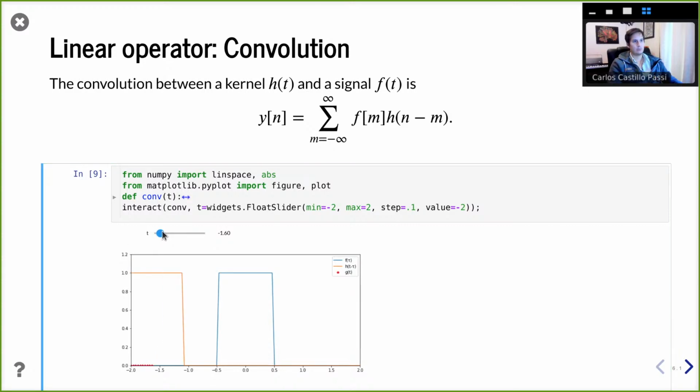So if you move this h and get the result of the convolution in each point, here in red, you start seeing when they meet each other, they start adding something. They start adding more and more linearly until they match, basically have a linear increase, and then it starts decaying linearly as well.